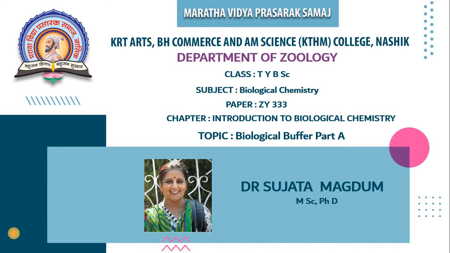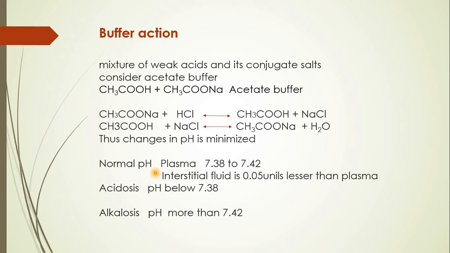You all are familiar with the fact that buffers are solutions which try to resist change in the pH, right? Now, as these buffers resist change in pH, we can say the capacity to maintain this is called buffering capacity.